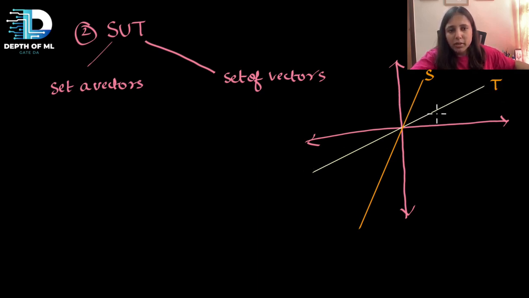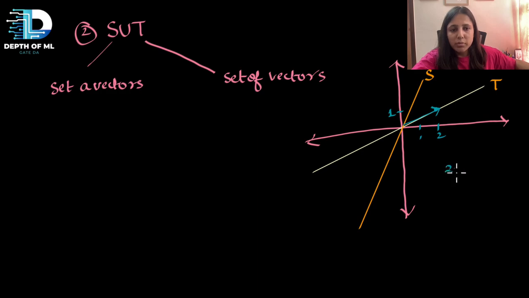So let me take an example. Say this is 1, this is 2, and this is 1. Let me take this vector 2 1.